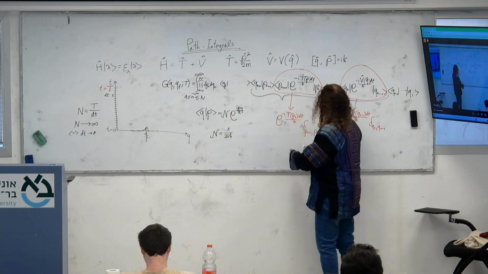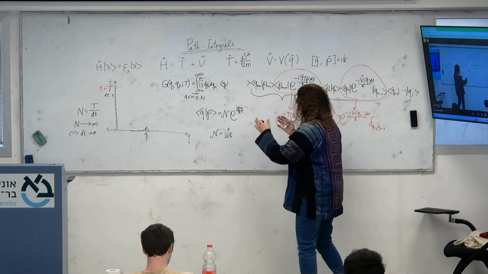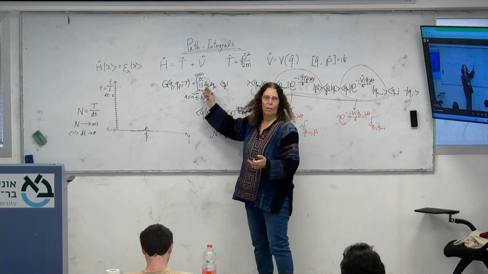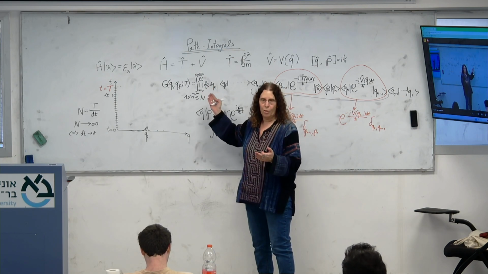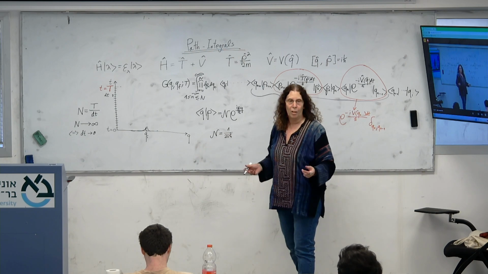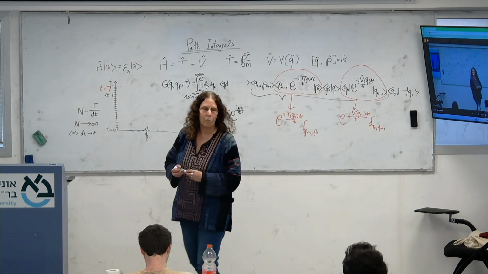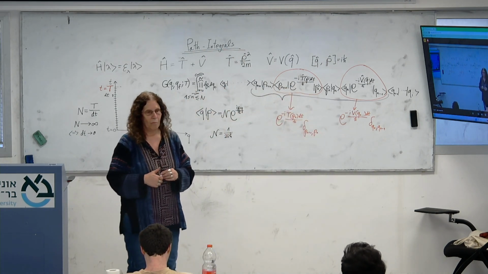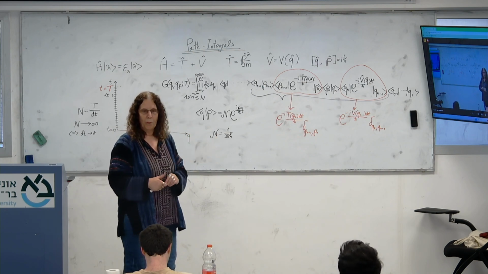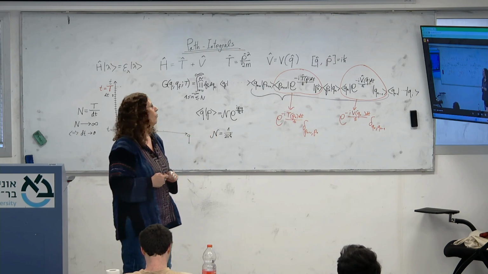Because notice that when we introduce the resolution of identity, we integrate over p and q. It has dimensions, so I need the 1 over h bar to get something dimensionless. Of course, we can do that with the wave number instead, but I want to use momentum.